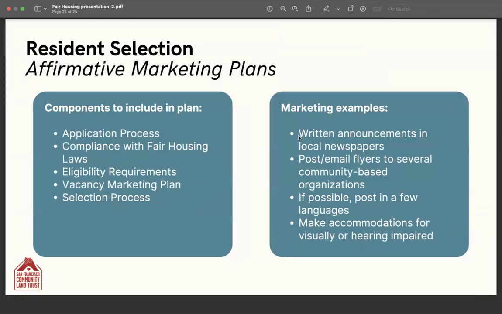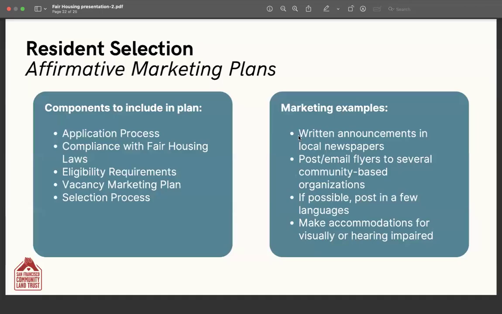The application process itself. So, what are you asking people to fill out? What forms are you asking them to include? Application dates, as much detail as possible. Detailing how you are complying with fair housing laws on a federal, state, and local level.